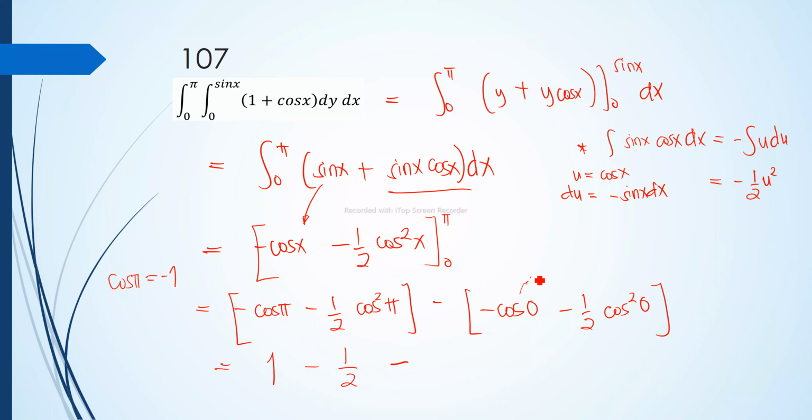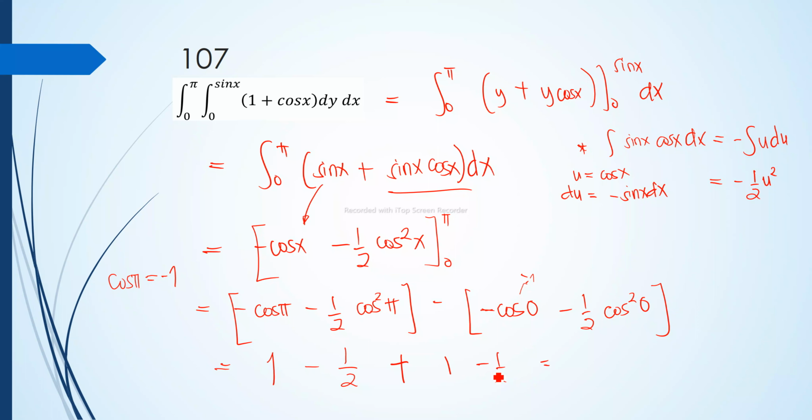That is a positive 1, and with the negative in front, that becomes a negative 1. A negative of a negative is a positive 1. And then here we have cosine 0 again, that is positive 1 squared, that becomes also minus 1 half.